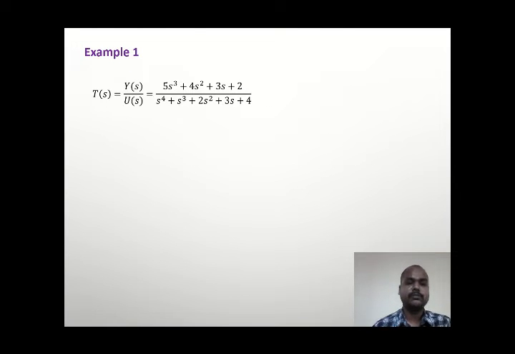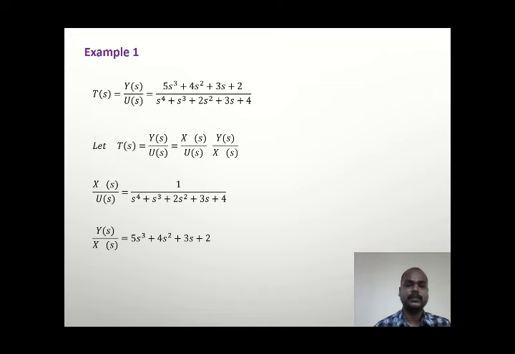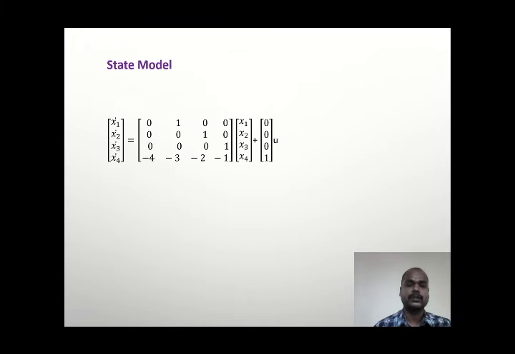Now we can take one example here and see. First we have separated these new state variables, Y and Y(s) by X(s), and then we can separate with 1 upon this polynomial of s, and this polynomial Y equals the numerator of the transfer function. Then we can obtain directly the state model which was earlier obtained in the demonstration for this conversion, and this is for the output.